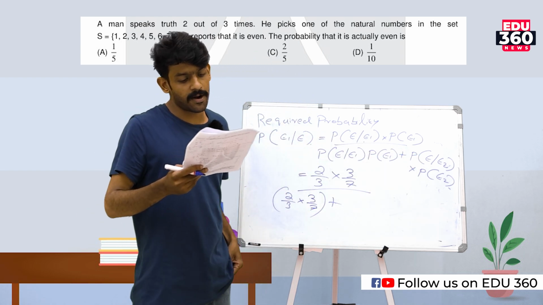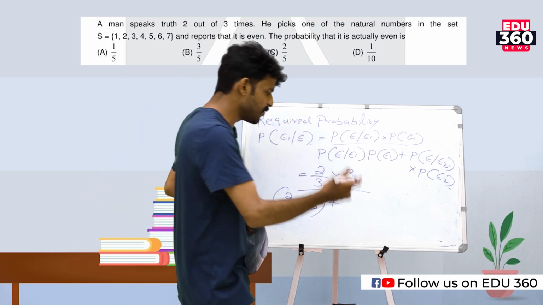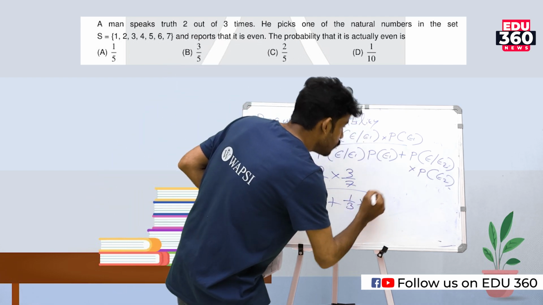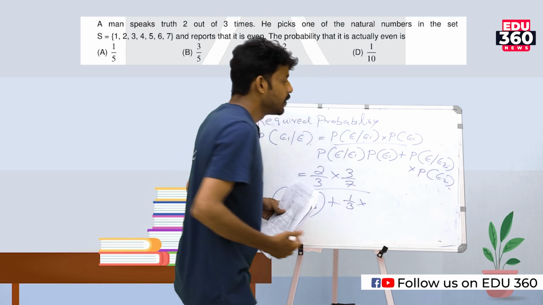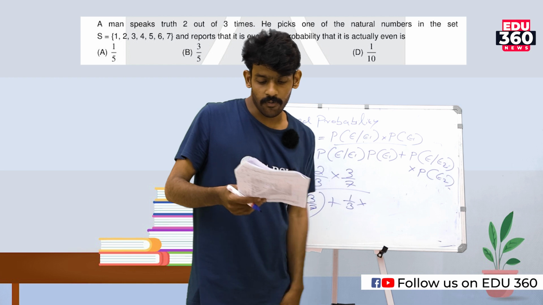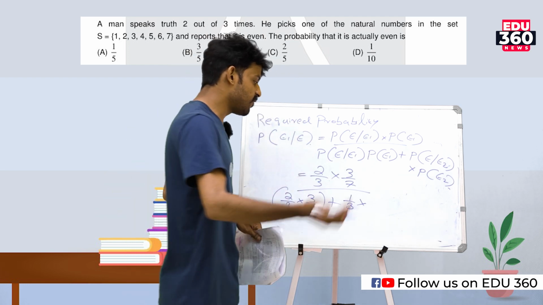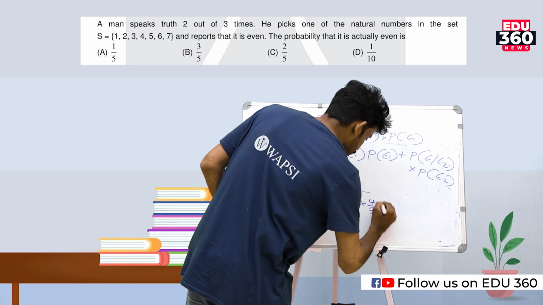What is P of E bar E2? P of E bar E2 is equal to 1 by 3. So 1 by 3 into P of E2. P of E2 is equal to 4 by 7.